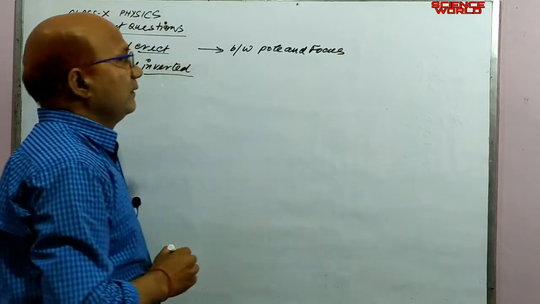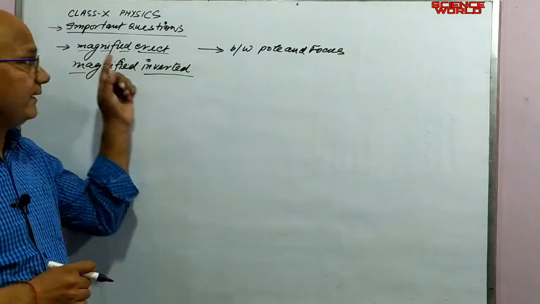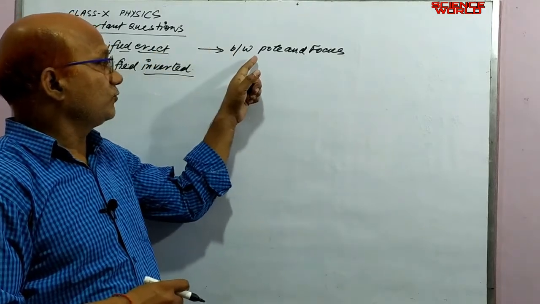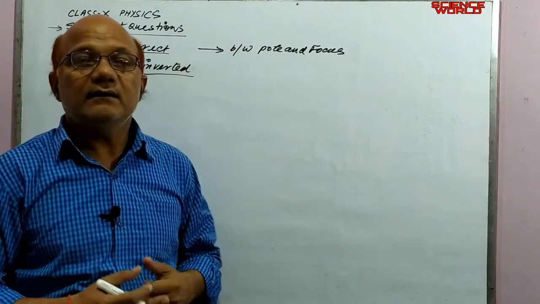Okay. So, in this way you can very easily think on it. To get a magnified erect image, the object should be placed between pole and focus.